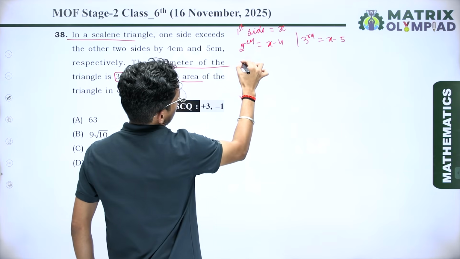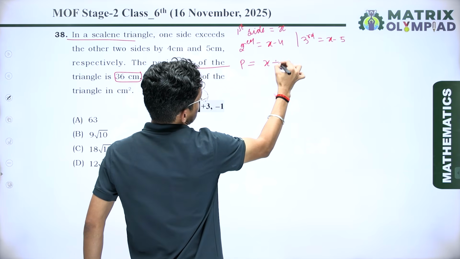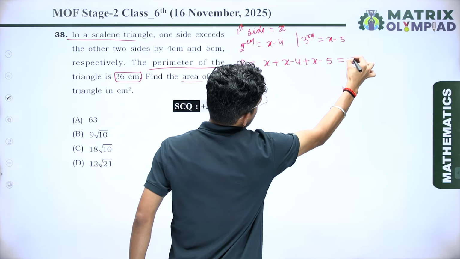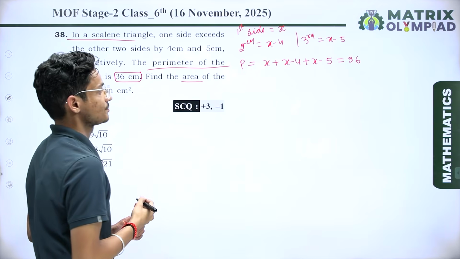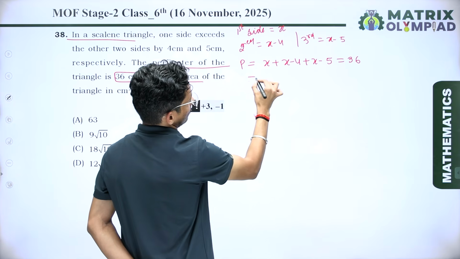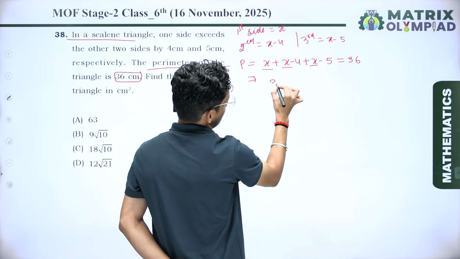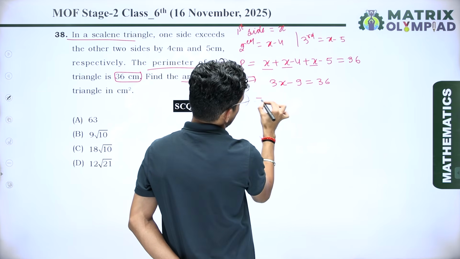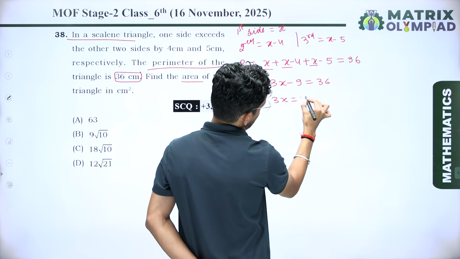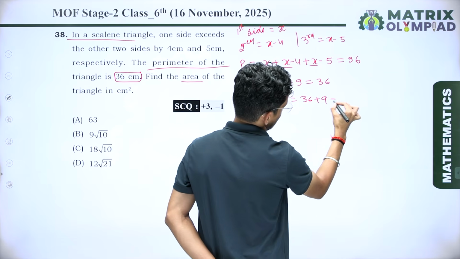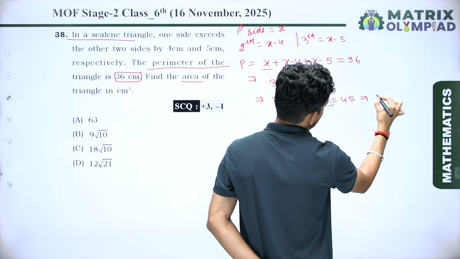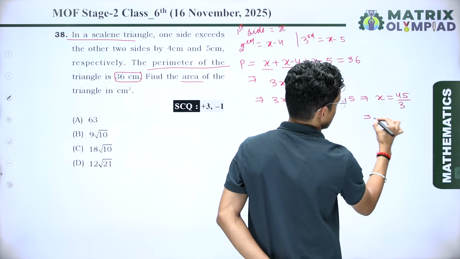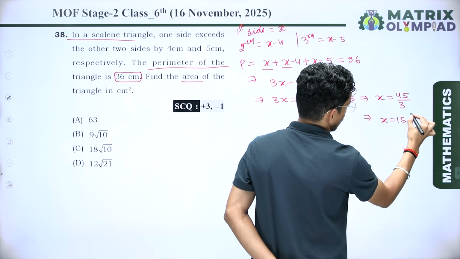We know perimeter is the sum of all sides, that is x plus x minus 4 plus x minus 5 equals 36. So I can write 3x minus 9 is equal to 36, and the value of 3x is equal to 36 plus 9, that is 45. When we simplify it, the value of x is 45 upon 3, that is x equals 15.